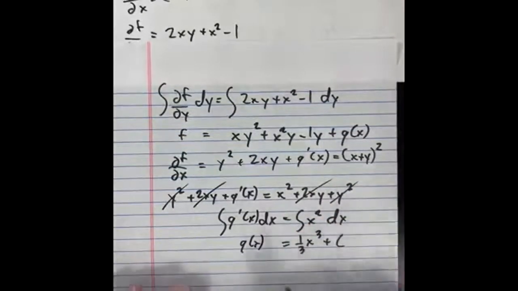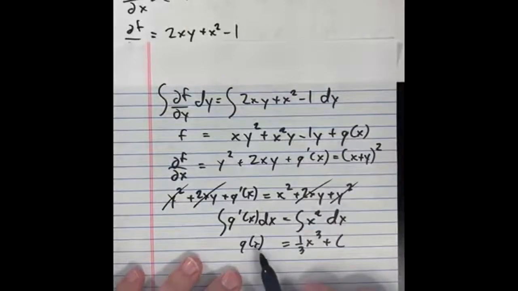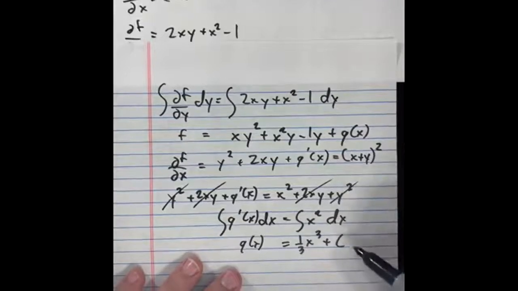One thing to point out is that in this case g is only a function of x, so we're not dealing with any partial derivatives here, and that's why this is only a constant and not some function of y. Now that we're only dealing with regular derivatives, when we do the antiderivative, the constant is a constant.